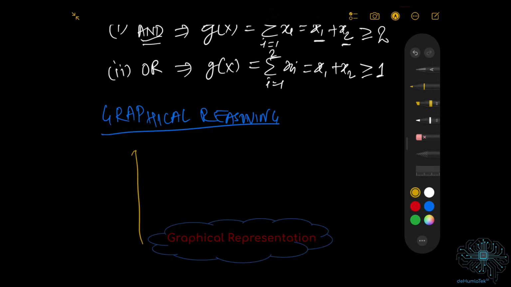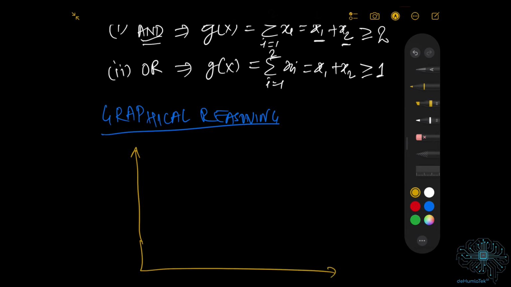Let's first do it for the OR gate. So this is 1 0, this is 0 1, and here is 1 1.